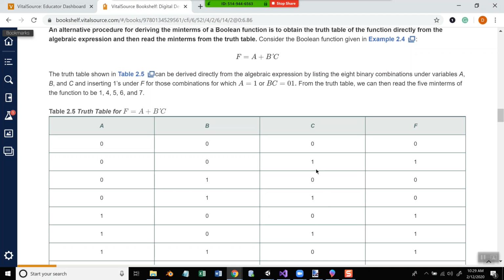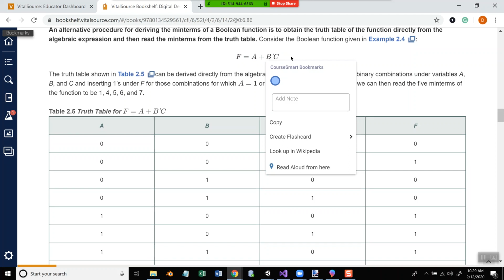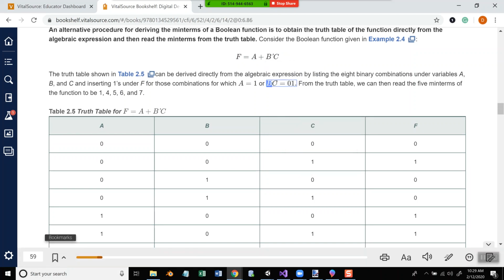They got a little problem there. Do you see what the problem is? Up here they say B prime C, don't they? But down here, what do they use? BC.